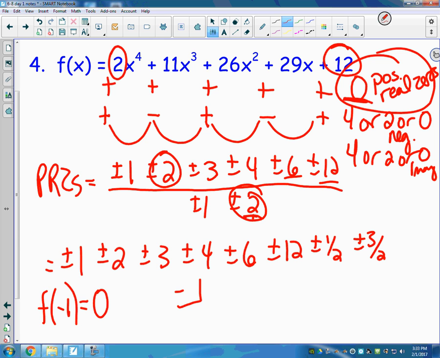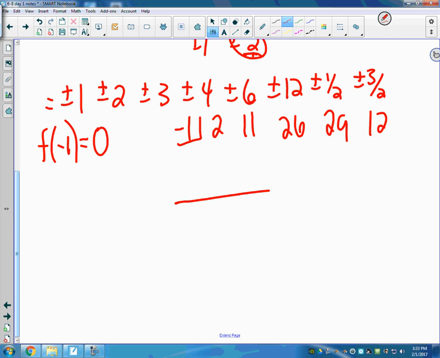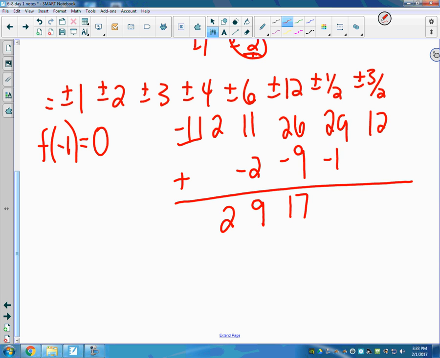When I divide this out, I have 2, 11, 26, 29, and 12. So I have a 2. 2 times -1 is -2. Add that to get 9. -9 and 26 would be 17, right? So that would be -17. And that would be 12, and that would be -12.